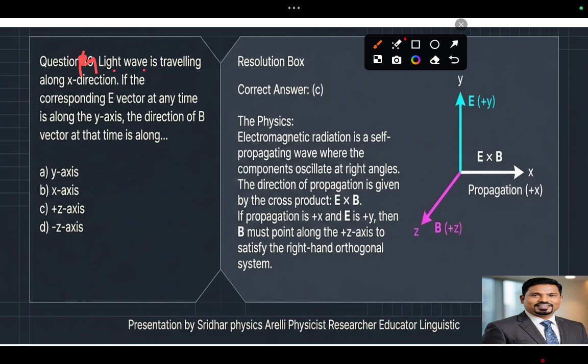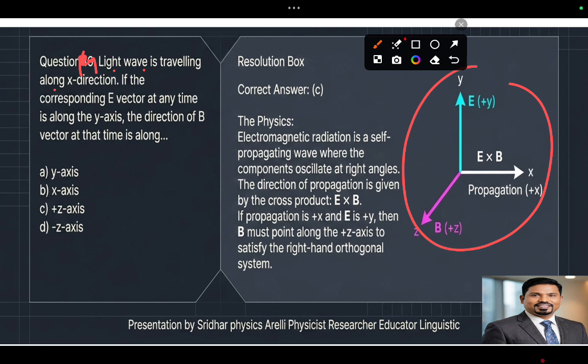Light wave is traveling along x direction. If the corresponding E vector at any time is along the y-axis, the direction of the B vector at that time is along? So the wave is traveling in the x direction, the electric field is in the y direction, B is in which direction? You can see this particular diagram.